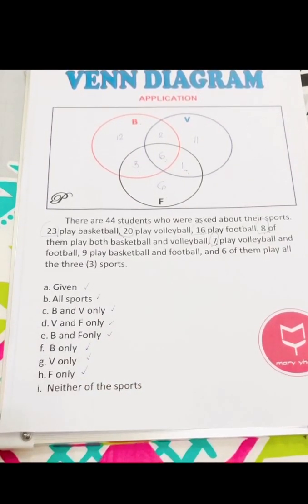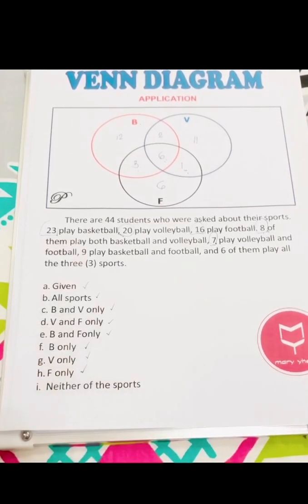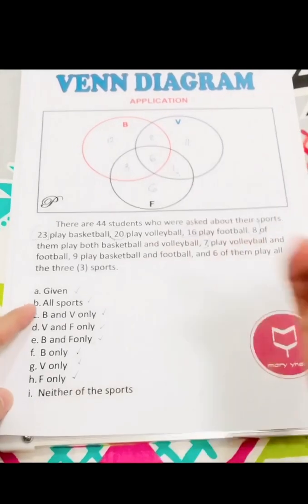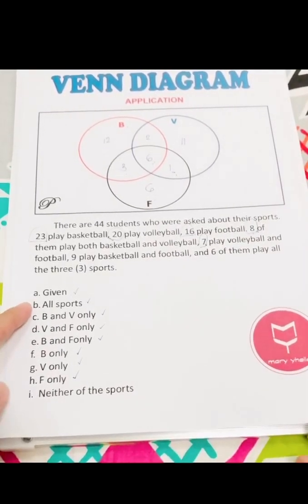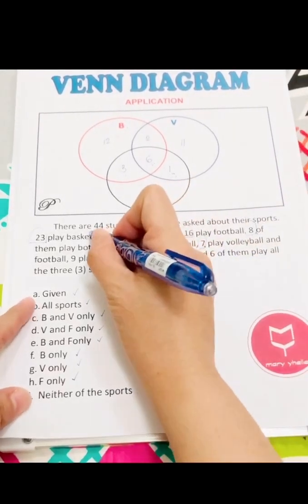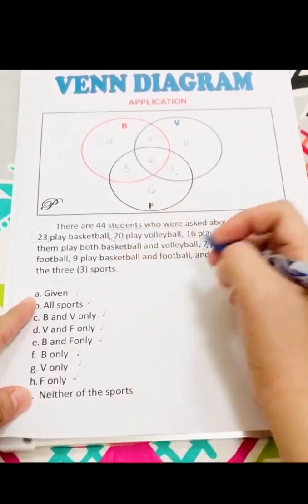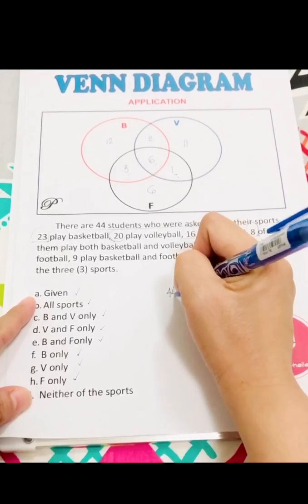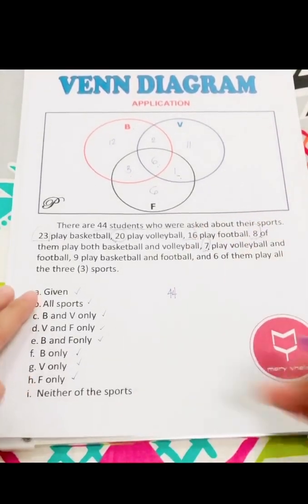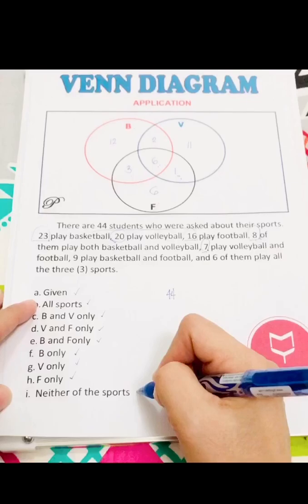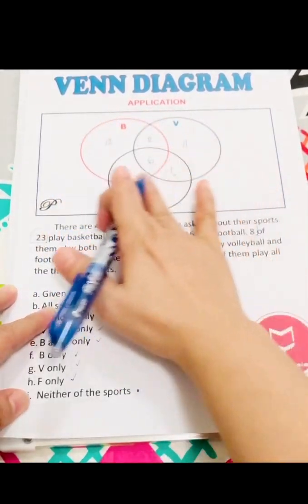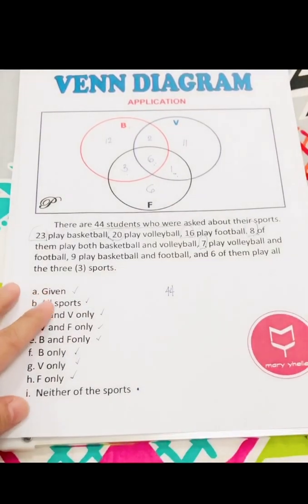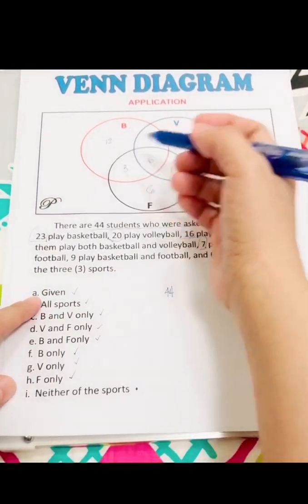Now, the question for the last one. Neither of the sports, meaning there are some students who don't play any of these 3 sports. Maybe they prefer a different one. If we get the total of the students who were asked, we have 44 students. Again, for us to know those students who don't play any of these sports, we need to add all of these numbers on your Venn diagram.